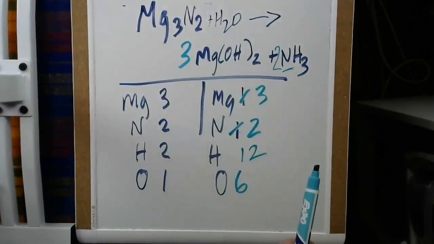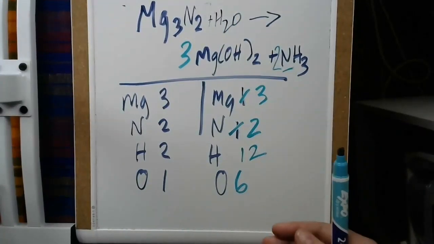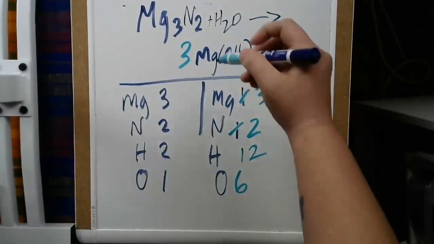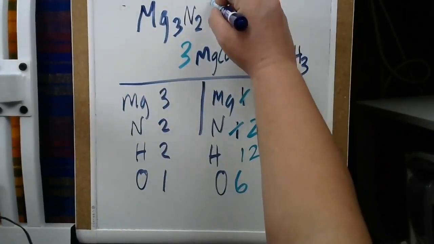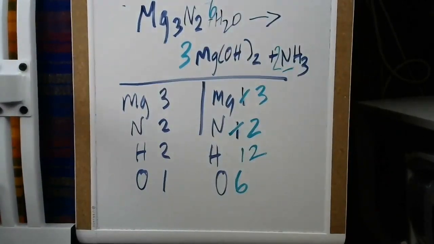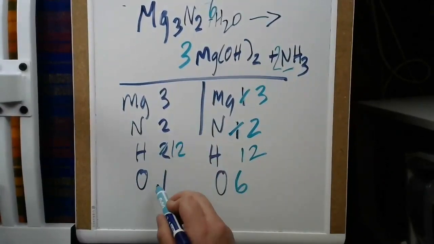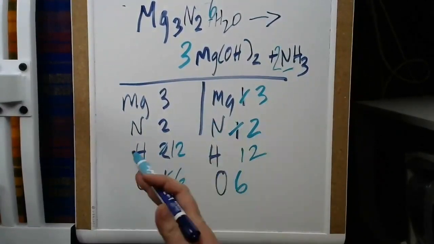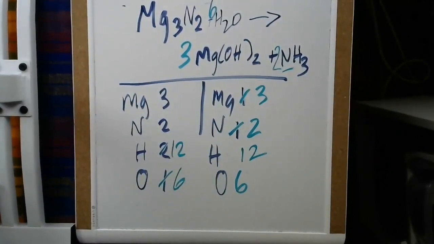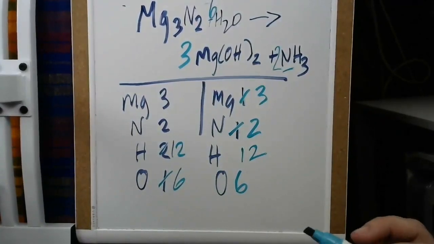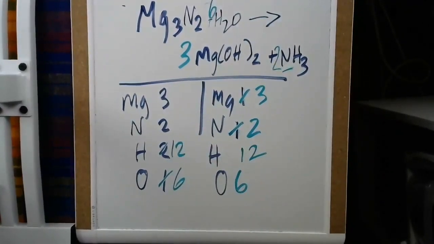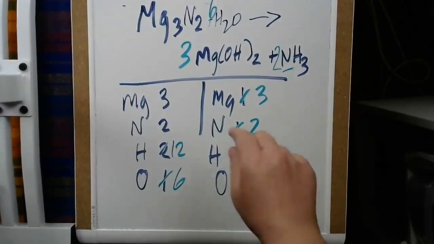So what can I do to this water molecule to sort that out? I can put a coefficient of 6 in front of that H2O. Now I've got 12 hydrogens and I've got 6 oxygens and everything is balanced out numerically. Okay. So let's write that out a little less sloppy.